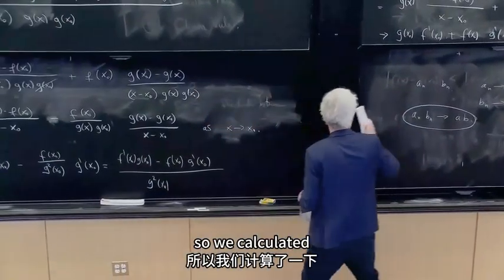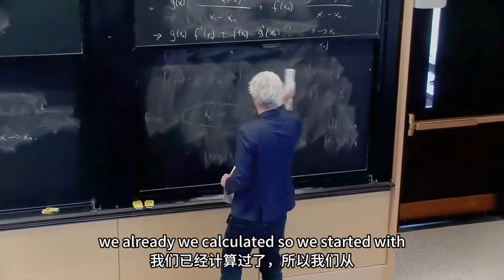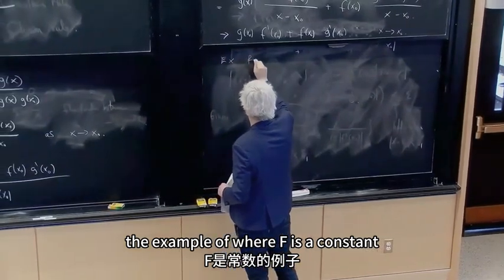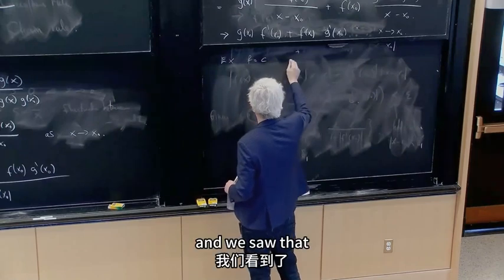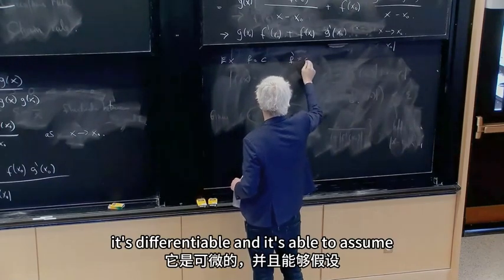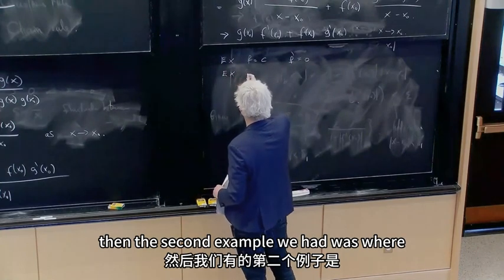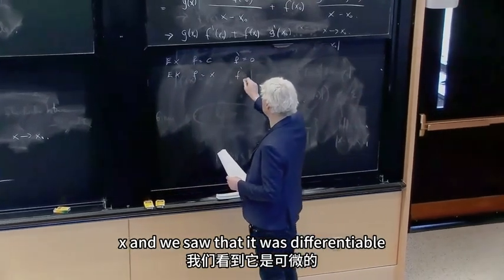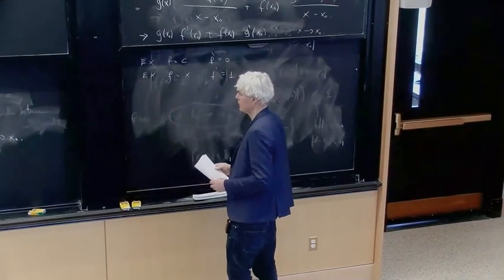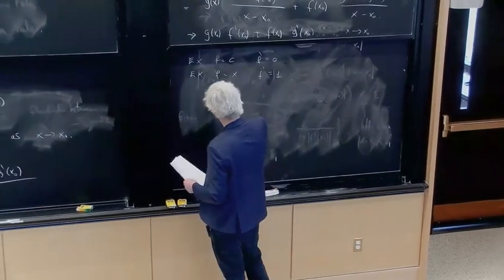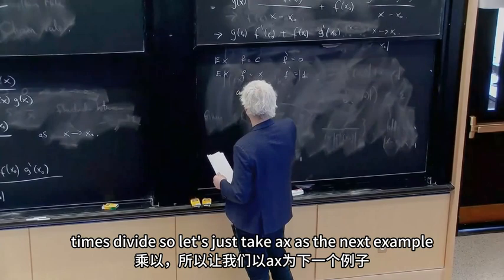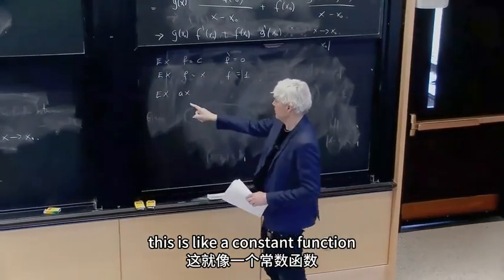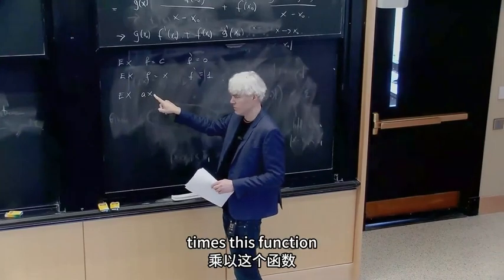We already calculated examples. We started with the example where f is a constant, and we saw that it's differentiable and the derivative is 0. Then the second example we had was where the function was x, and we saw that it was differentiable and the derivative is 1. If you now take ax as the next example, this is like a constant function times this function.